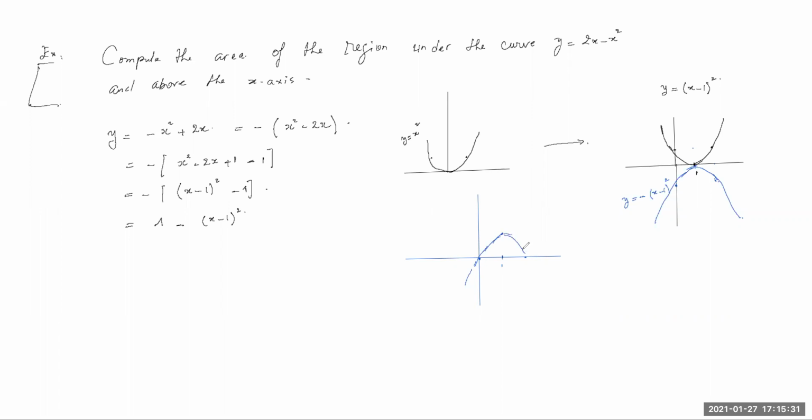So here is my graph: y equals minus x squared plus 2x. And the question says to compute the area of the region under the curve and above the x-axis. So this is the region they are describing, this one.